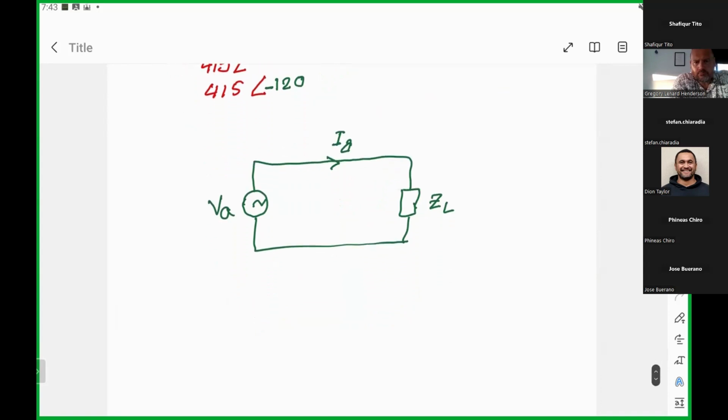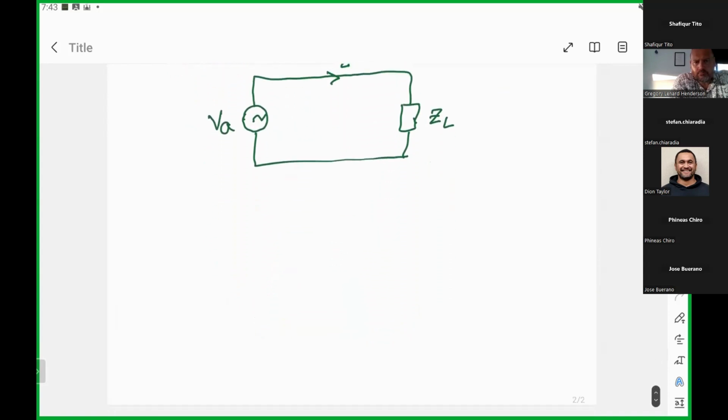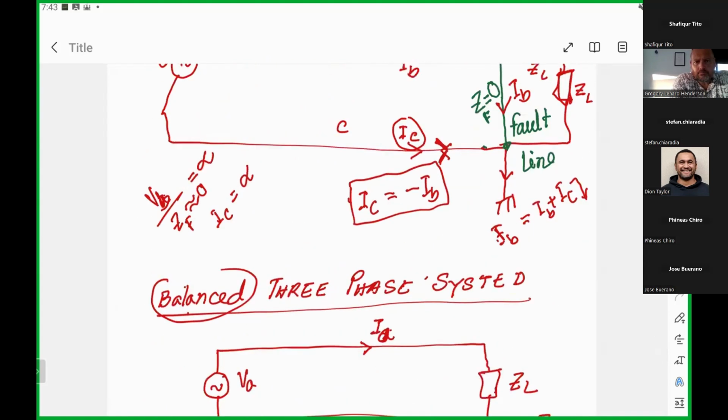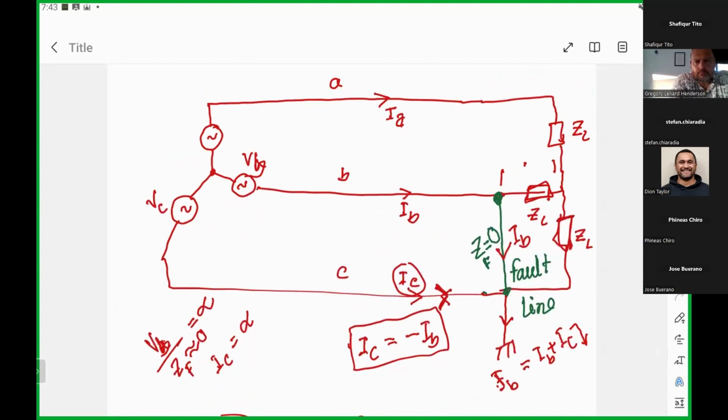Now, the problem with the fault circuit. As we started our discussion with, when a fault happens, the initially balanced circuit that was designed and working balanced has a fault, and it is no longer a balanced one.